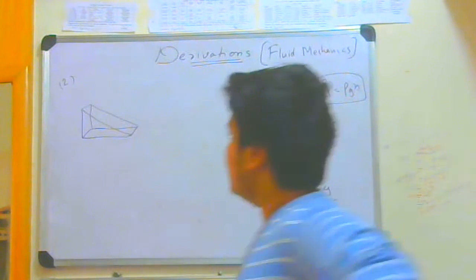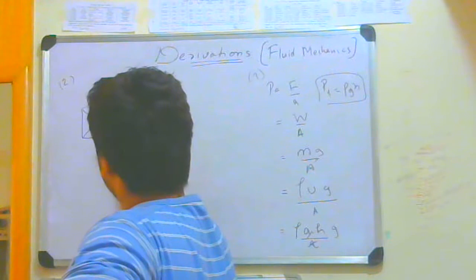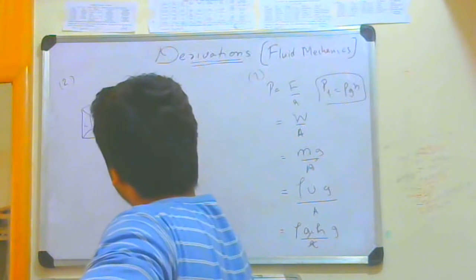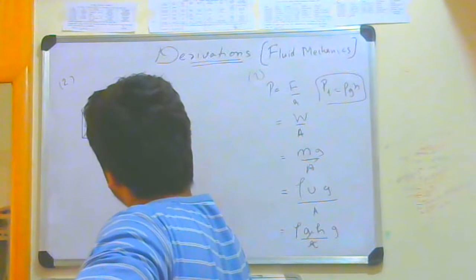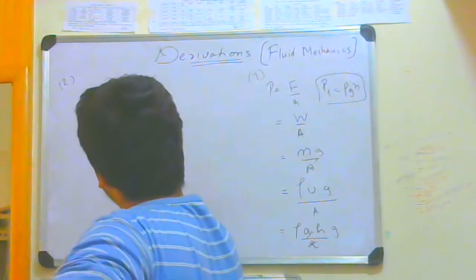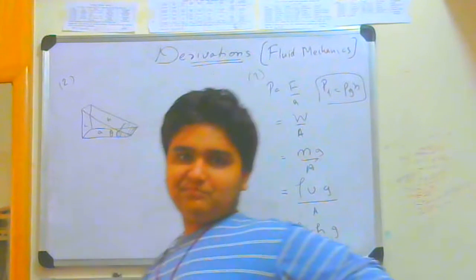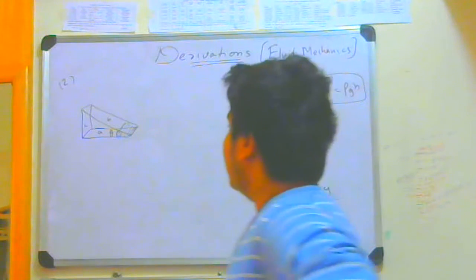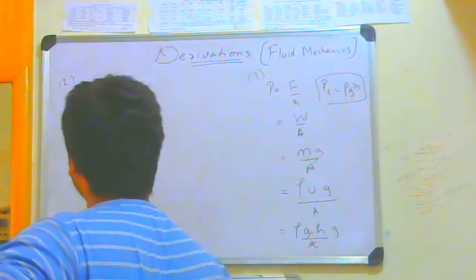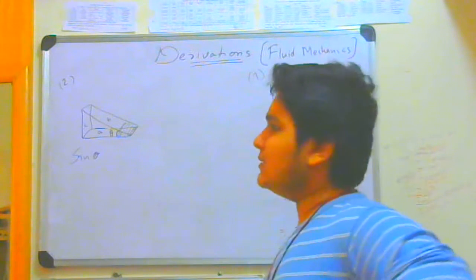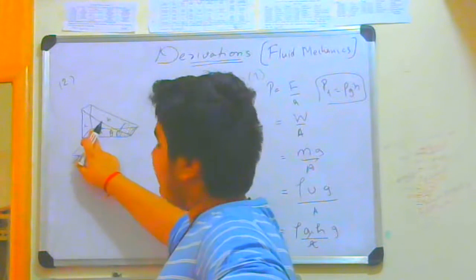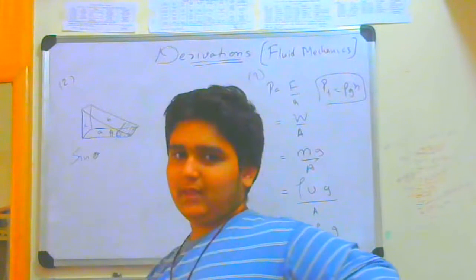ऐसा रहेगा प्रिज्म. This is my face A, face B, face C, and this let it be my angle theta. Now tell me, what is sin theta? Now एक और बात मुझे पता है, that is the forces and the areas. This is area A, area B, area C, and यहाँ पे force A, force B, and force C apply होने वाला है.